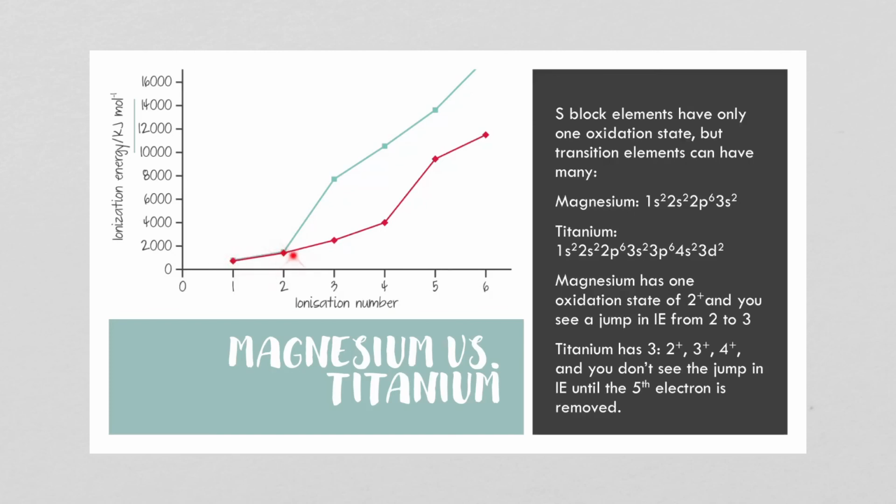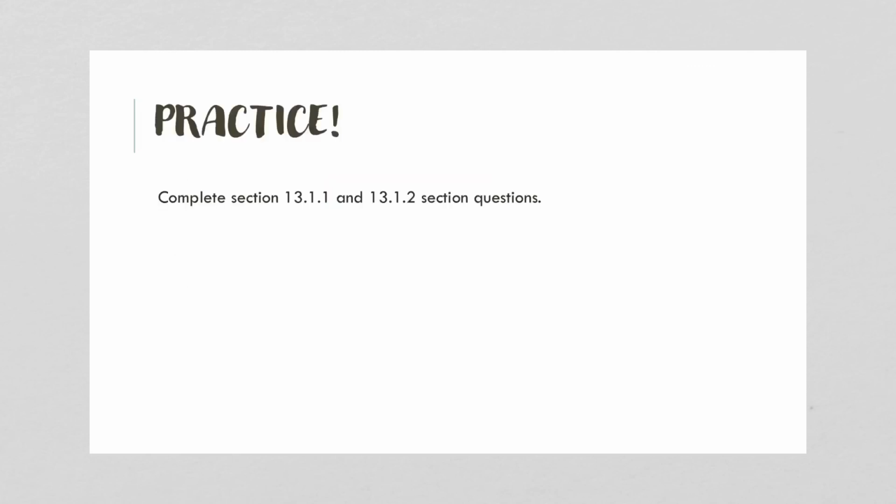Titanium can have an oxidation state of 2, 3, or 4, so you can take that many electrons off and there won't be much of an energy change, but there is a jump in ionization energy when you have to take the 5th one away. So for some extra practice, you can complete sections 13.11 and 13.12 from Cognity.